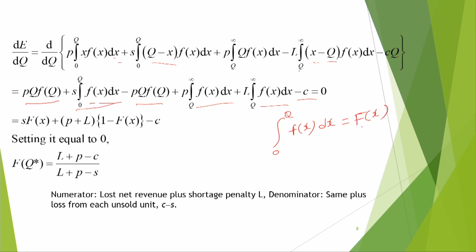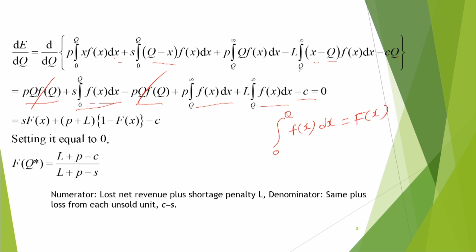This is the cumulative probability distribution up to that point, 0 to q, you have ordered q quantity. So, this is F(x). So, therefore, if I put like that, this will become basically F(x), and you can see that here this gets cancelled and these remain.